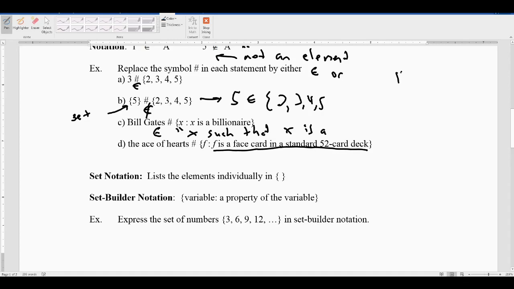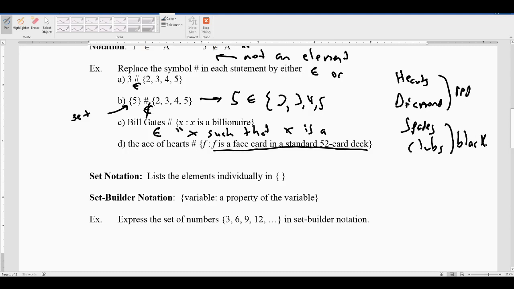We have hearts. We have diamonds. We have spades. We have clubs. There's 4 suits. These 2 suits are red in color, and these 2 suits are black in color. Now each suit has, we'll start with the smallest.